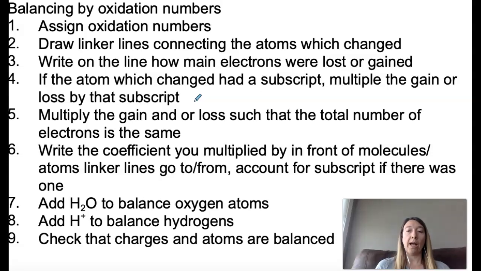Check to make sure that your atoms are balanced and check to make sure that your charges are balanced. Okay, and this is where you're going to find, like I was talking about in a previous video, writing those oxidation numbers in a different color makes it a little easier when you're trying to check your charges. Otherwise, sometimes you guys start counting oxidation numbers as charges, and you don't want to do that, okay?